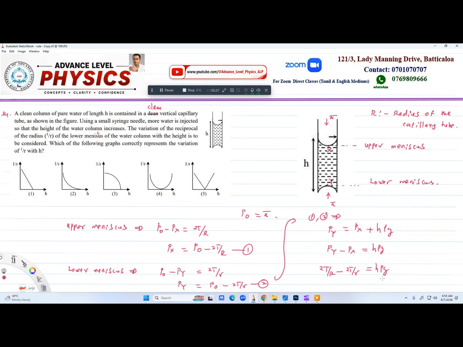Now we can find 1 over r. 1 over r is equal to what? The relation is that 1 over r should be on the y-axis. So 1 over r will be minus rho g by 2T times h plus 1 over R, if you rearrange.